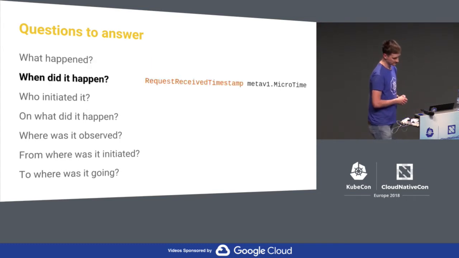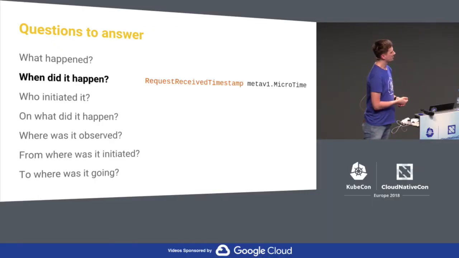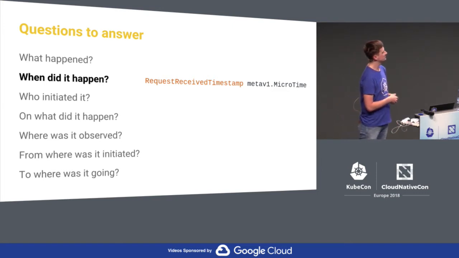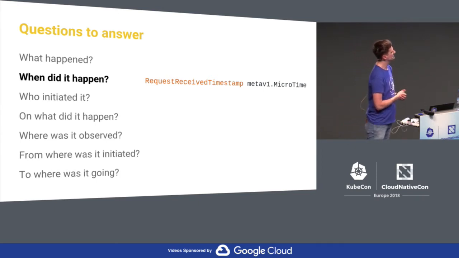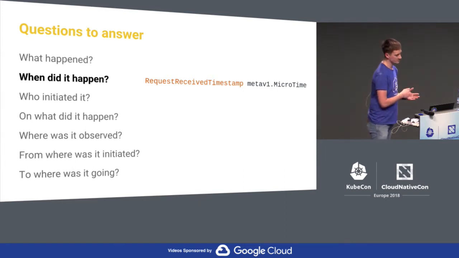When did it happen? So it's pretty easy. We have a request received timestamp. Just check it. Also, in the audit event, we have some deprecated fields, timestamps that you shouldn't use. But also very interesting is the stage timestamp. You can use both of them, request received timestamp or stage timestamp.